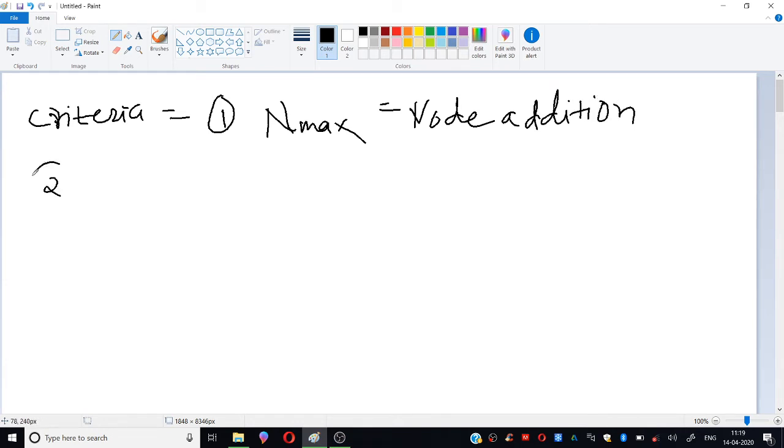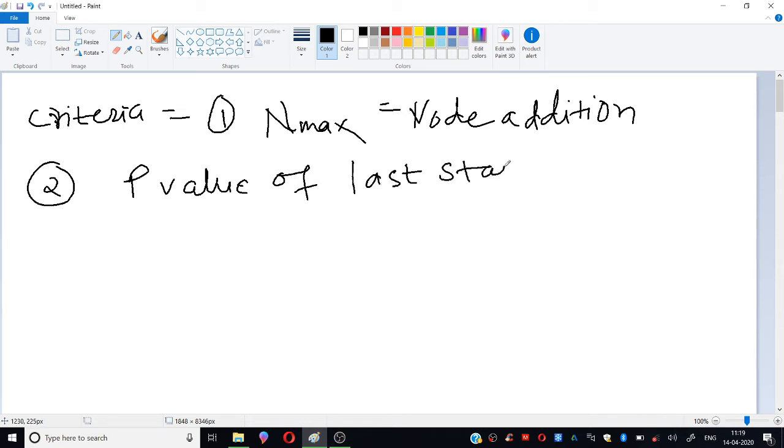And the second criterion is that the p value of the last stage should be lesser.